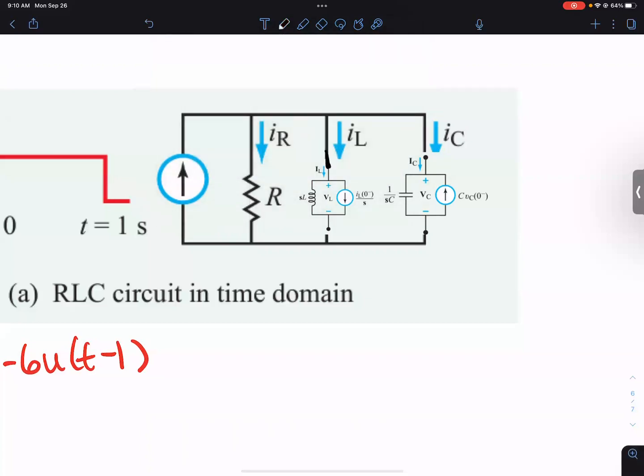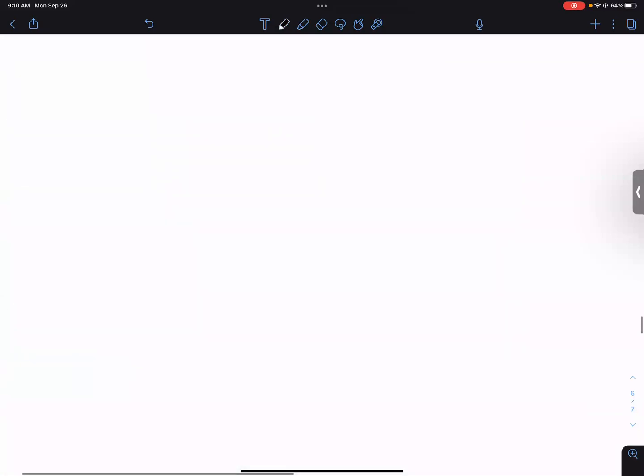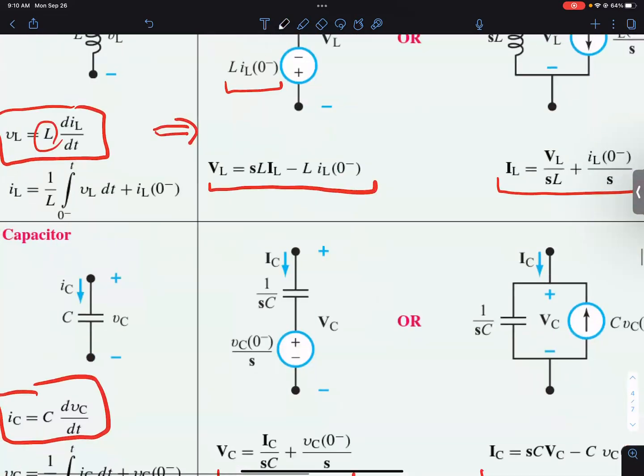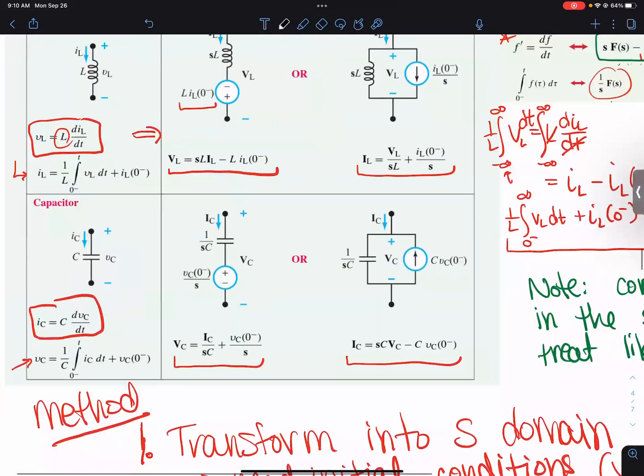All right, so should the current be pointing the same direction in all the substitutions? Because I see the capacitor and inductor pointing opposite. Yep, so that was dependent on the forms that they had.